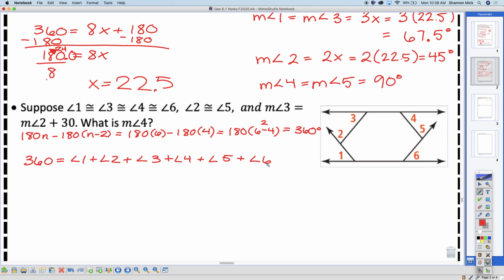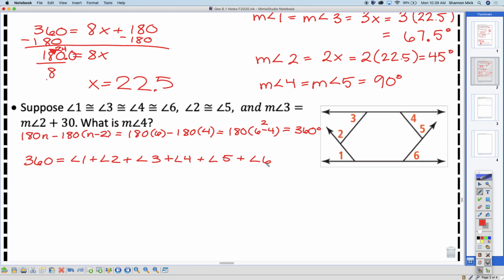The only information they give me is all the congruent angles, and then they tell me that the measure of 3, which is the same as the measure of what other angles? 4 and 1 and 6 is 30 plus the measure of angle 2, right? So if I knew the measure of angle 2, I could find all those other ones. So could I put just x for the measure of angle 2 for right now?